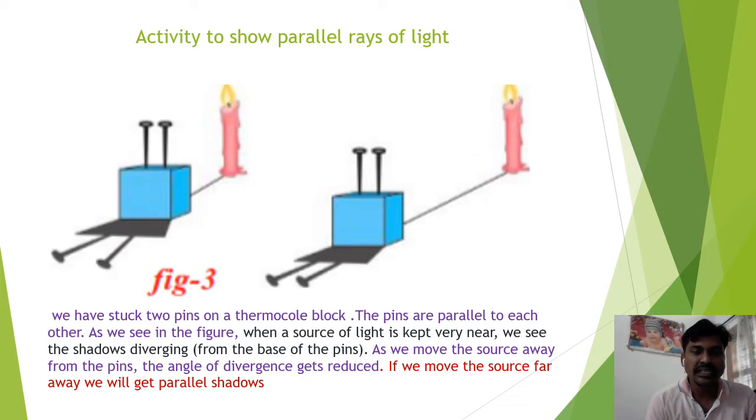By observing keenly the pins' shadow, we can see the two pins' shadow, the image of the two pins, diverging from each other.